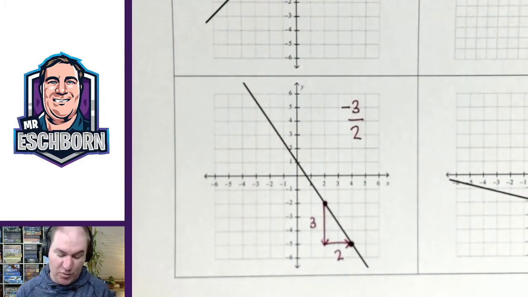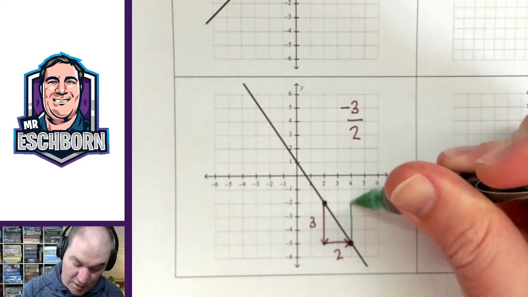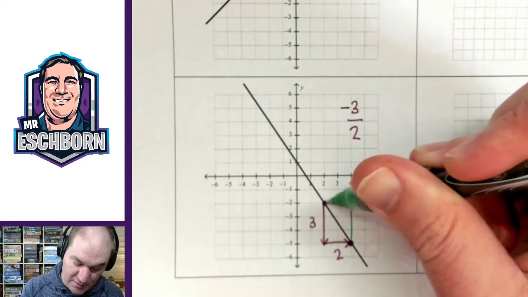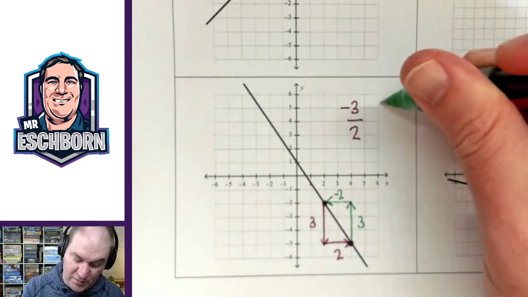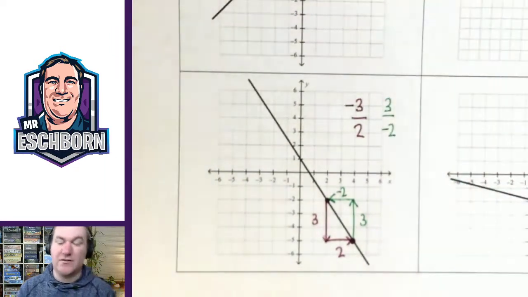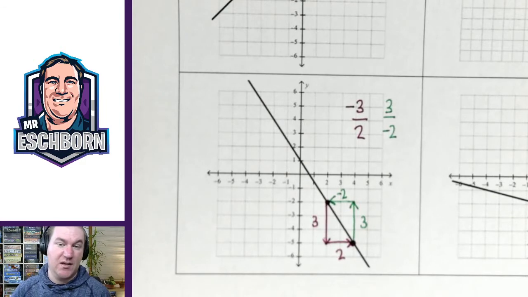But let's say that someone else decided to start here and go there, so they went up 3 and to the left 2. So their rise over run would be 3 over negative 2. Both of these fractions are actually equivalent because they're both negative 3/2, and it doesn't matter where you put the negative in a fraction.